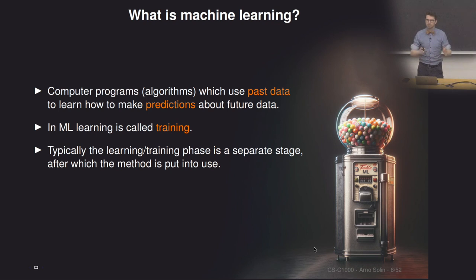Now it's ready, and then you ship it. Now it's going into use. Say you want to train that cat-dog detector. You take a lot of labeled images of cats and dogs, you train the method, and then you decide that now it's ready. Then it's put in use, and then it doesn't learn anymore.